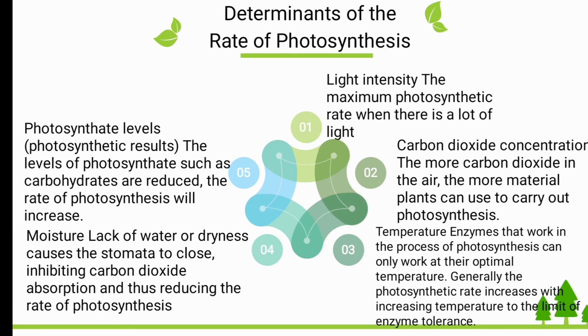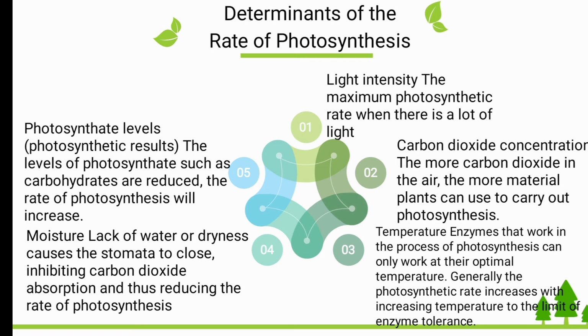Third, temperature. Enzymes that work in the process of photosynthesis can only work at their optimal temperature. Generally, the photosynthesis rate increases with increasing temperature to the limit of enzyme tolerance. Fourth, moisture.